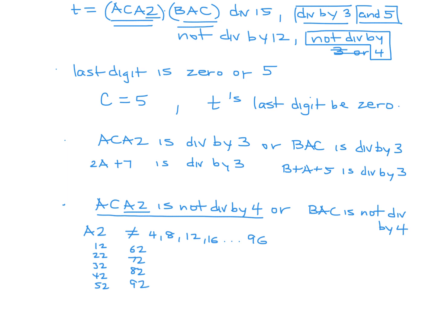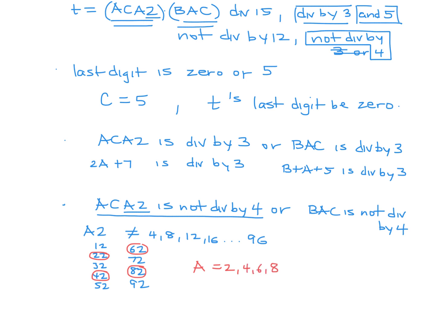And of these, the ones that are not multiples of 4 are 22, 42, 62, and 82. So that means A is either 2, 4, 6, or 8.